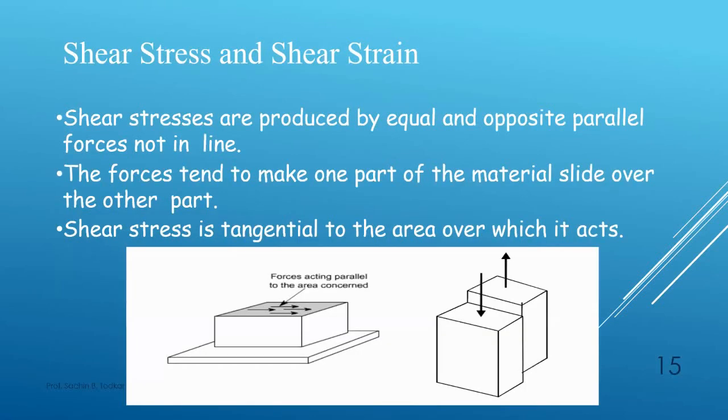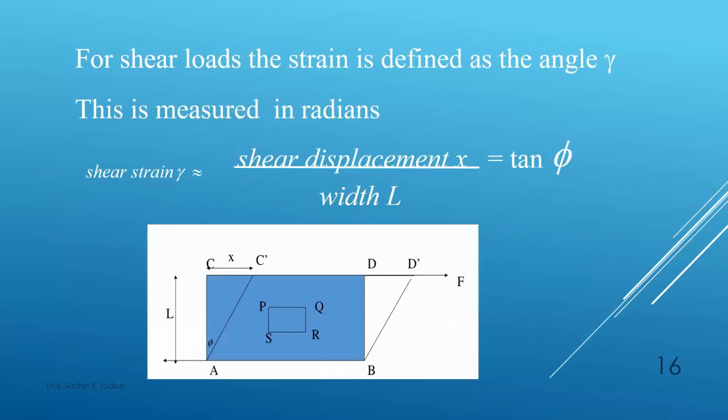Shear stress. We all know shear stress is produced by equal and opposite parallel forces, not in line. If the forces are equal and opposite but not in a single line, they are acting on different planes, then there will be shear stress acting tangentially on that particular surface area. Now shear strain.